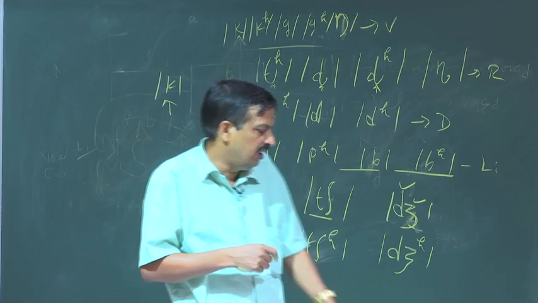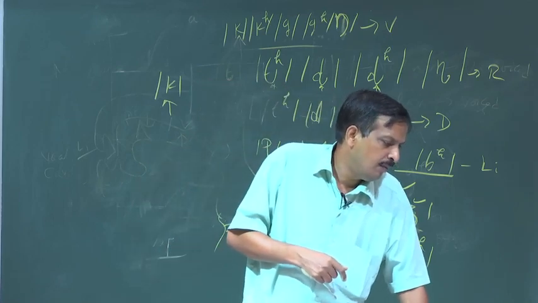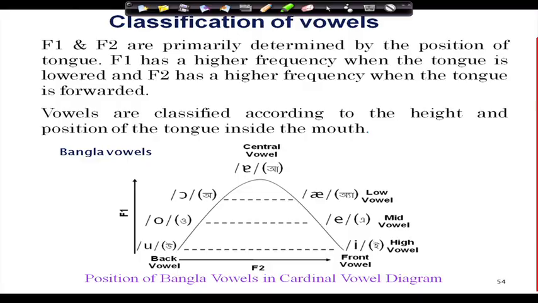I will show you the signal for Bengali, for example, but there is another important thing. I said vowels can be placed on the F1, F2 plane. This is called the cardinal vowel diagram. If I place the Bengali vowels, it will look like this.